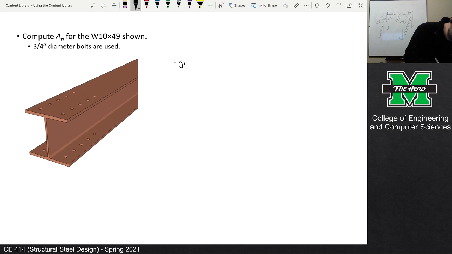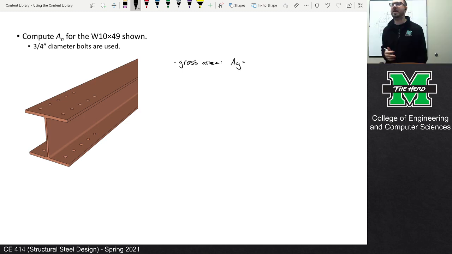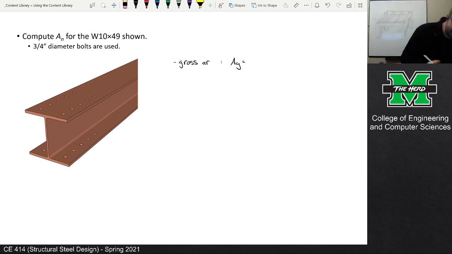What is the gross area of a W10 by 49? How are you going to find that out? I imagine it involves looking in that nice blue book you paid all that money for. There you go. You look it up in your AISC Steel Construction Manual, 15th edition.